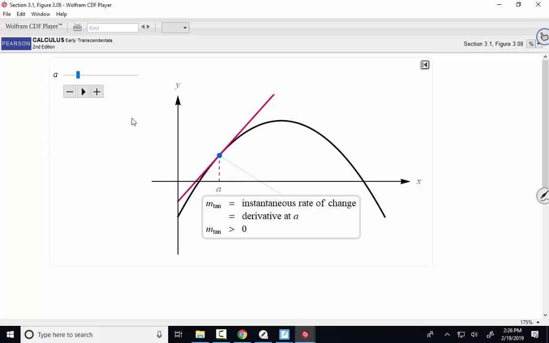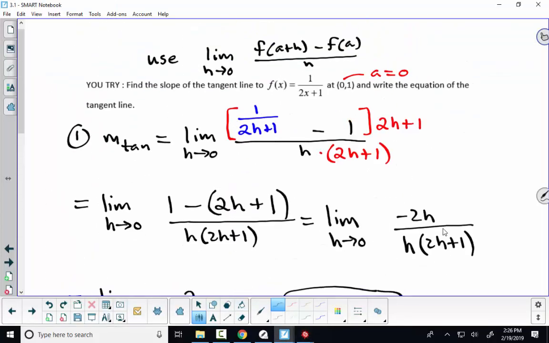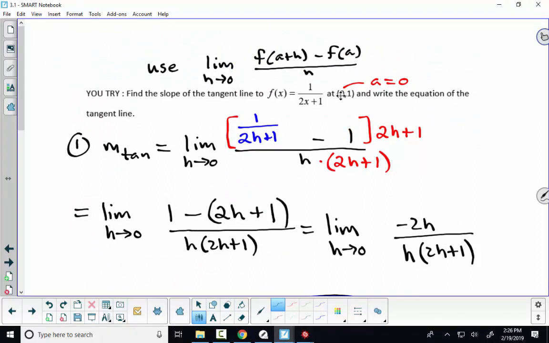Like, what if we had this previous problem, and it said find the slope of the tangent line at the point 0, 1, at another point, and another point, and you have to construct and simplify those quotients for each and every individual point you want to measure?